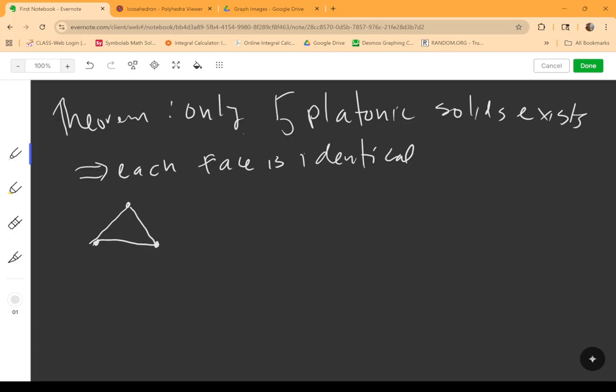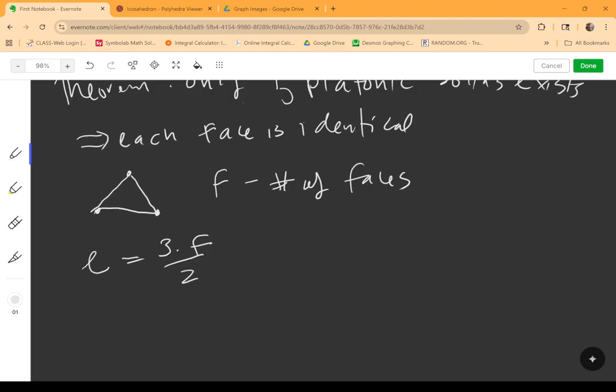Here, I'm going to let the variable f be the number of faces. So the number of edges is going to be 3f divided by 2.